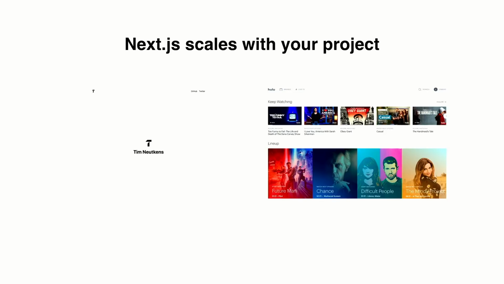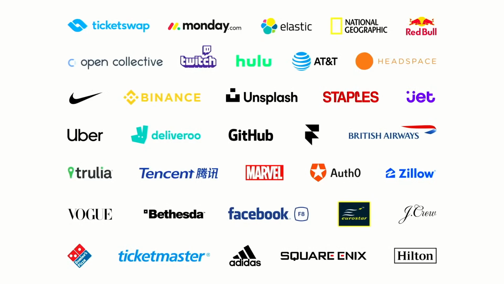But it's not just that. There are many other companies using Next.js in production currently. It goes from startups like TicketSwap or Framer, for example, to Hulu and Twitch and all these, maybe you use these services daily, actually.